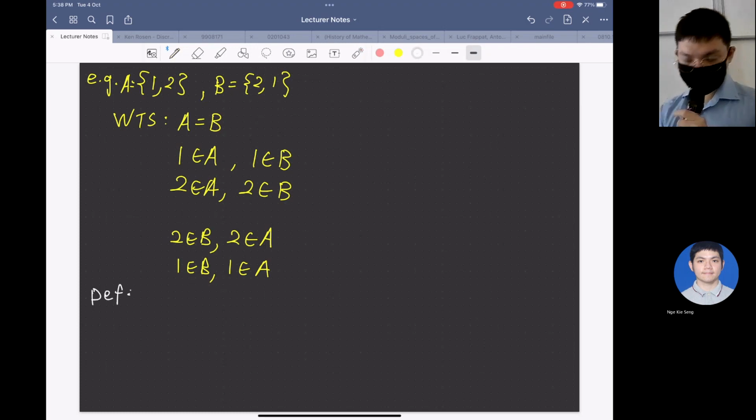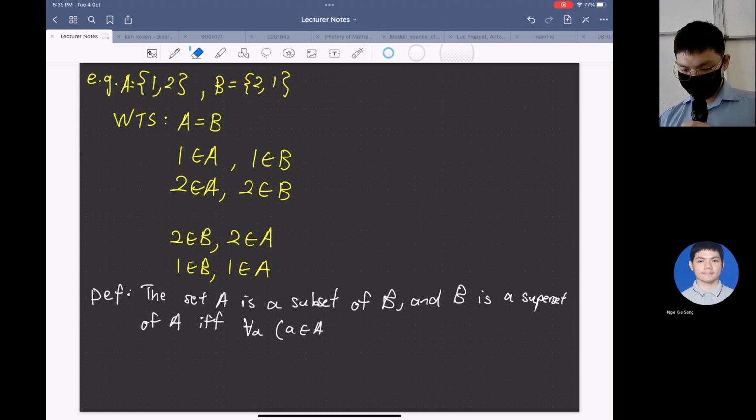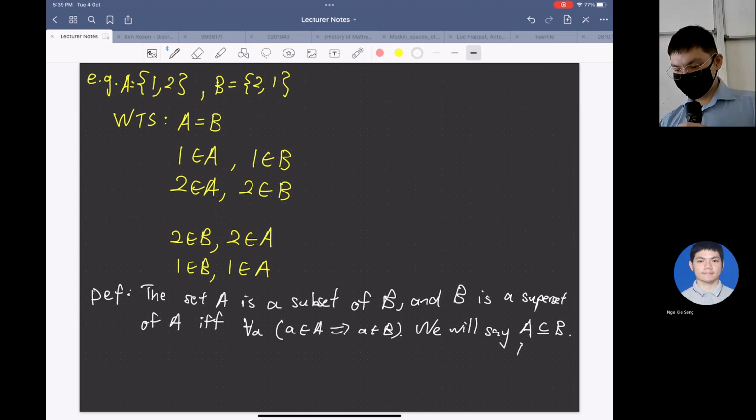Definition: the set A is a subset of B, and the other way, B is a superset of A, if and only if, in one direction, for every a in A, a implies a in B. Then we say A is a subset of B, or B is a superset of A.